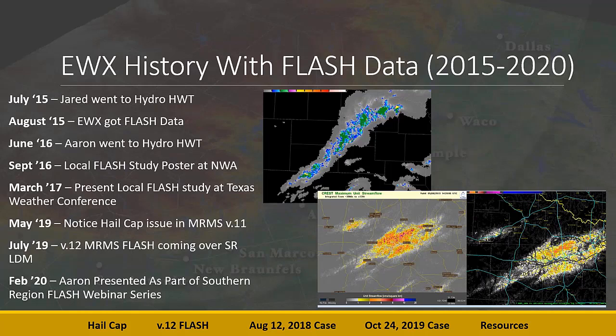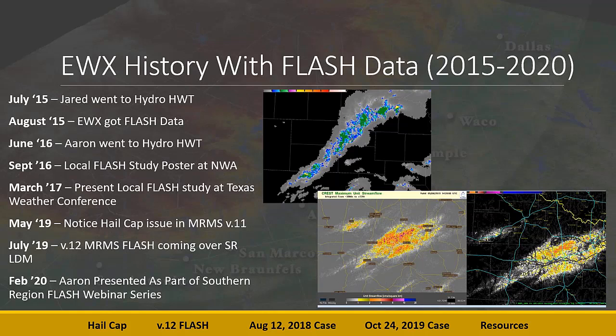So our office has actually been using Flash data for about 5 years now. This rewinds all the way back to Jared Allen, who is the WCM of the Cheyenne, Wyoming office. When he was here as a journey and a lead, he went to the Hydro HWT, and then very soon after that, we actually got some of the first Flash data going live into AWIPS into a WFO at our office.